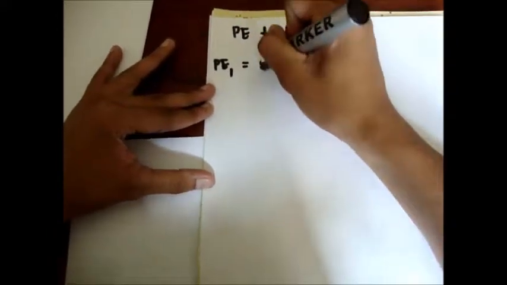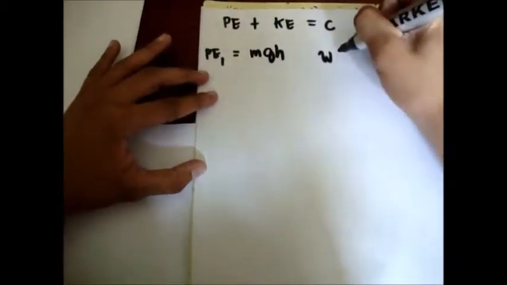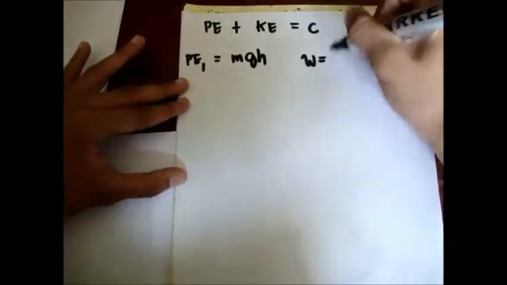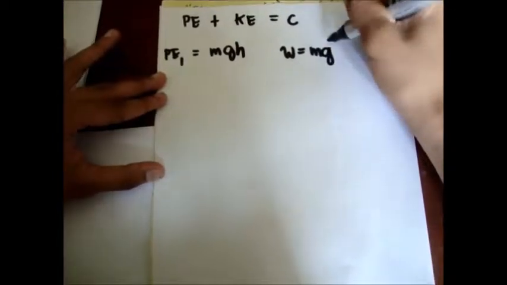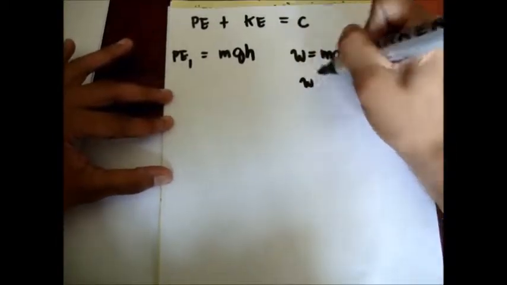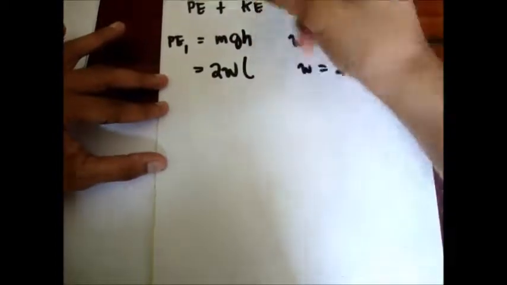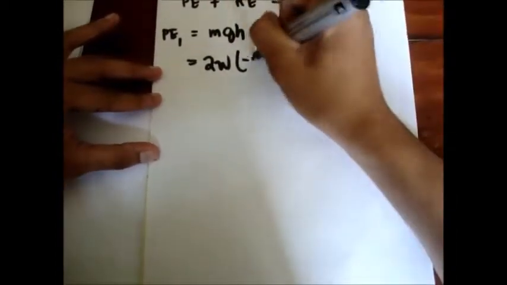So this is equal to mgh. Recall that weight is equal to mg. But our weight in the problem is 2w, so 2w times our height, which is negative y.